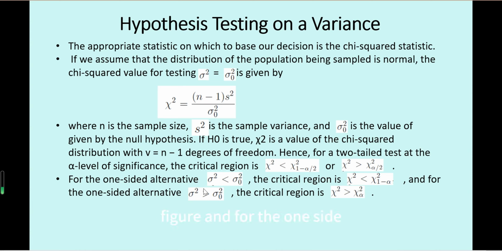For the one-sided test, we check if the chi-square test statistic is less than the critical value at 1 minus alpha. Note that for the one-tailed test, it is not half alpha, it's alpha. And if we want to test whether the variance is larger than a specified value, we test if the chi-square statistic is larger than the critical value at alpha.